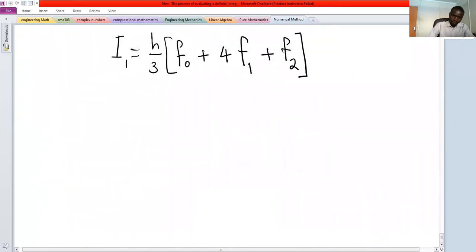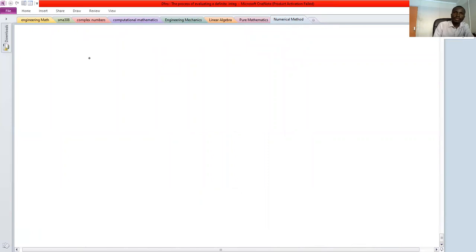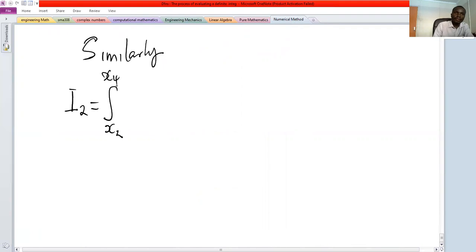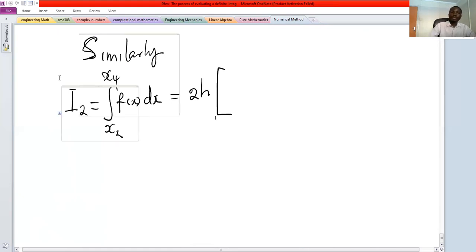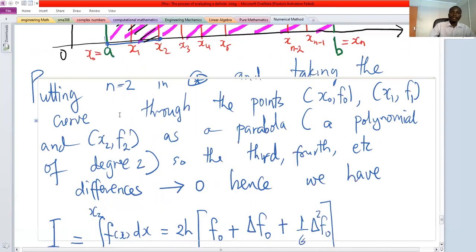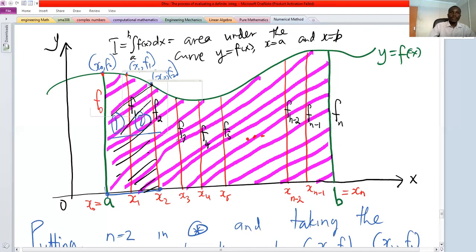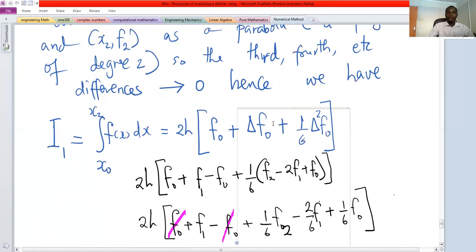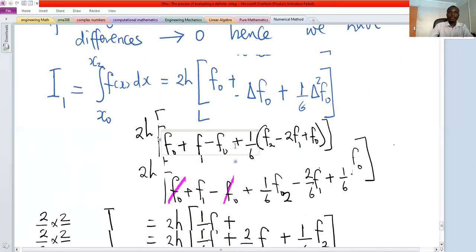So similarly, I2 would be the integral from x2 to x4 of f of x dx, which is the same as 2h into, now remember when you say x2 to x4, the starting ordinate is f2. Now it's not f naught. So the formula here, you write this one as f2, not f naught.